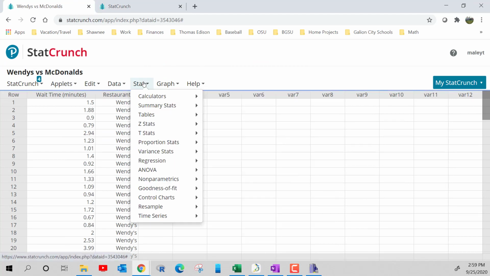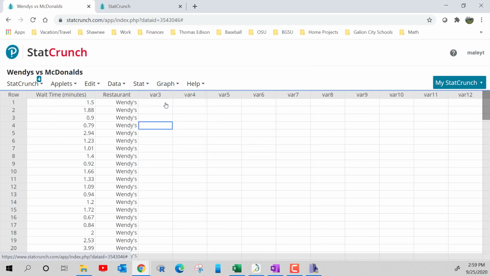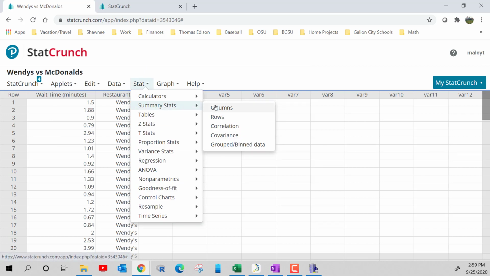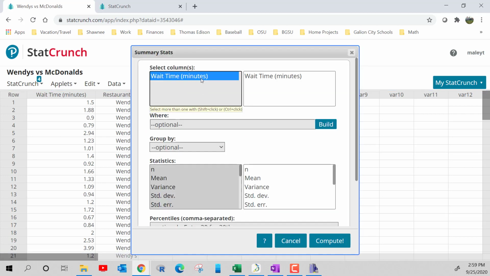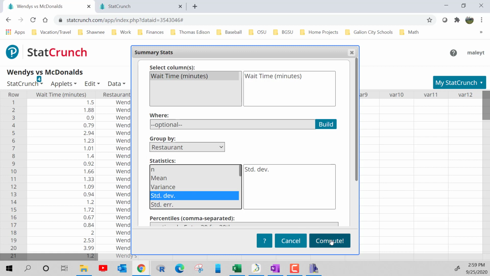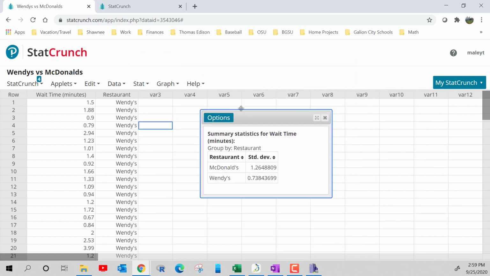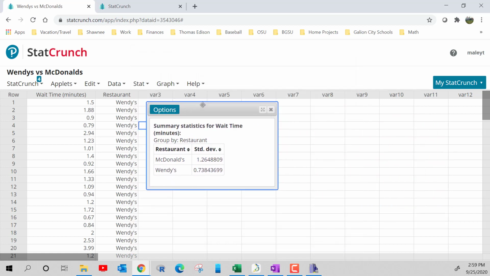Right? So what I can do is go to stat, summary stats, and then columns, and we'll look at the wait time variable. I want to group by the restaurant, and what I'm interested in is the standard deviation, right? So if I hit compute, I'll get this number. So you can see the standard deviation for McDonald's is 1.26 roughly, where Wendy's is 0.73.